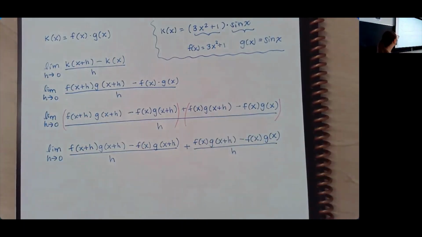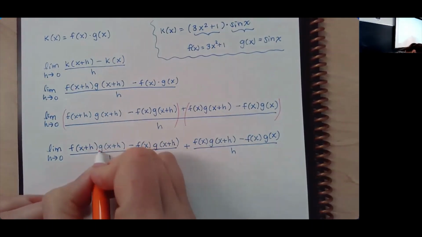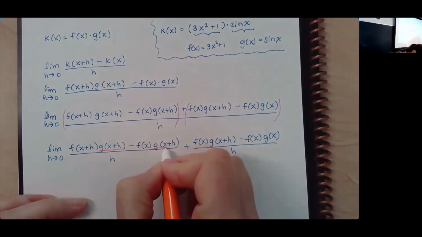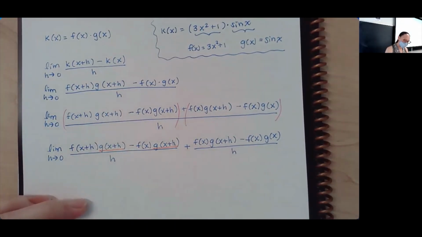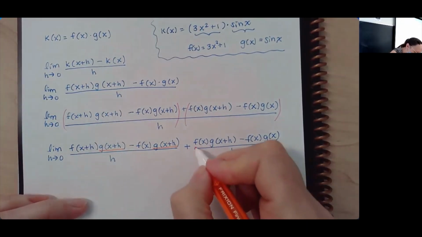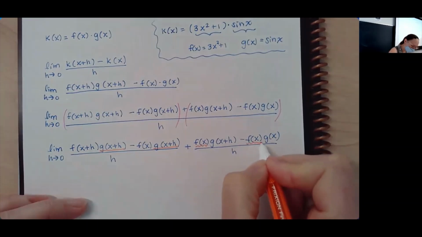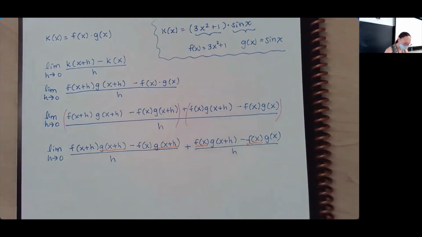The clever mathematician looked at that and said, hey, now that I've regrouped these, there are some things that I can factor out. So from the first pairing, I can factor out a g of x plus h. And from the second pairing, I can factor out an f of x.